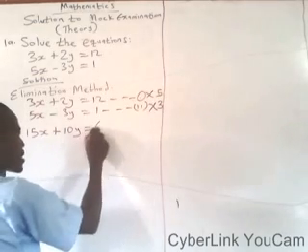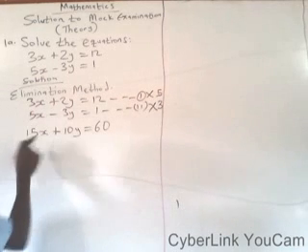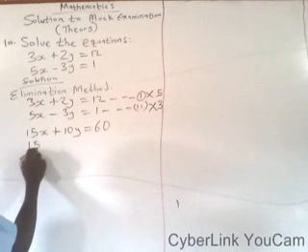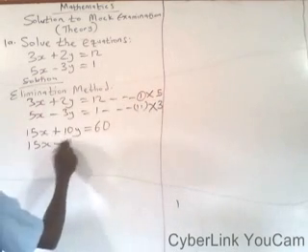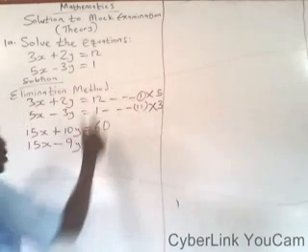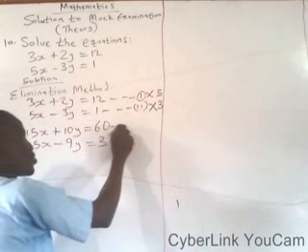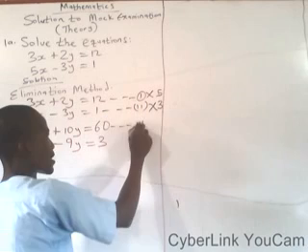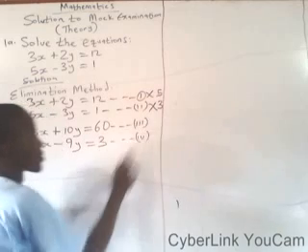This one will give us 60. 3 multiplied by 5x in the second equation, we are going to have 15x minus 3 multiplied by 3, we have what? 9y, which is equal to 3 multiplied by 1, we have 3. Let me now consider these new equations as this one equation 3 and this one equation 4.